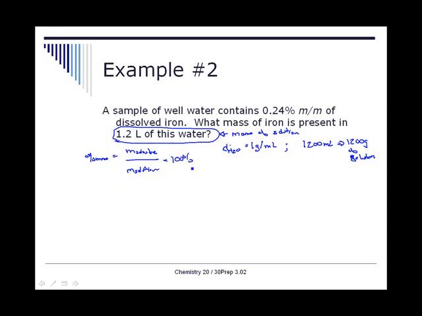So I'm going to divide both sides by 100%. And then I'm going to multiply both sides by the mass of my solution, and what that does is, on the right side it cancels. So mass of solution on this side, multiply by mass of solution on this side. And what that does is it isolates our mass of solute.